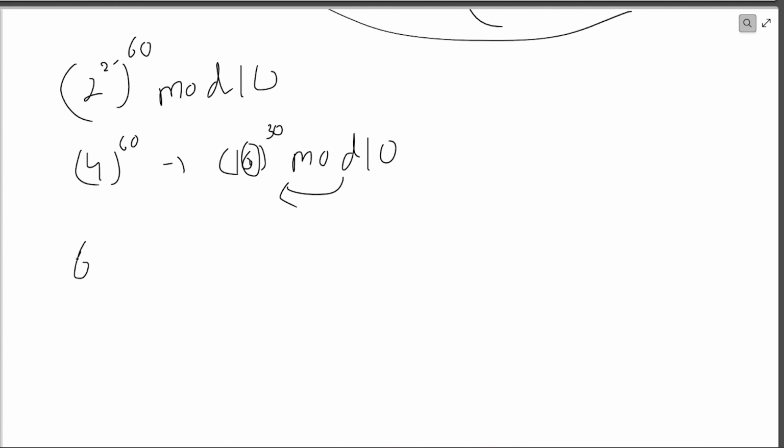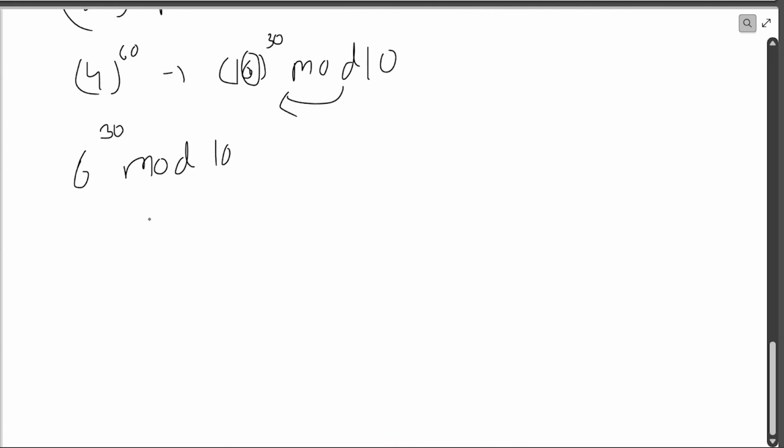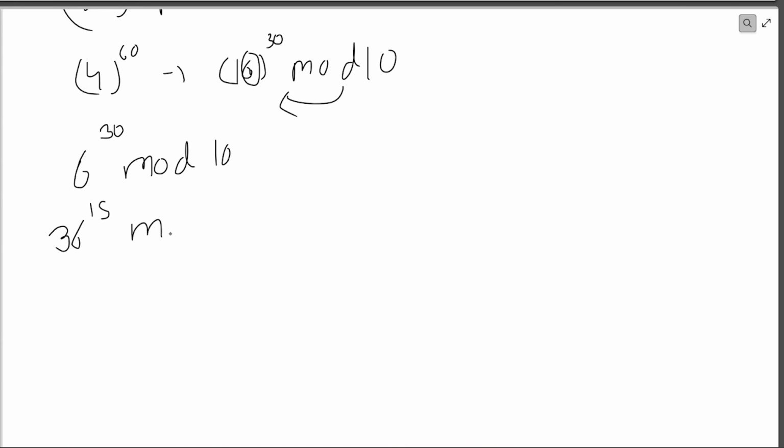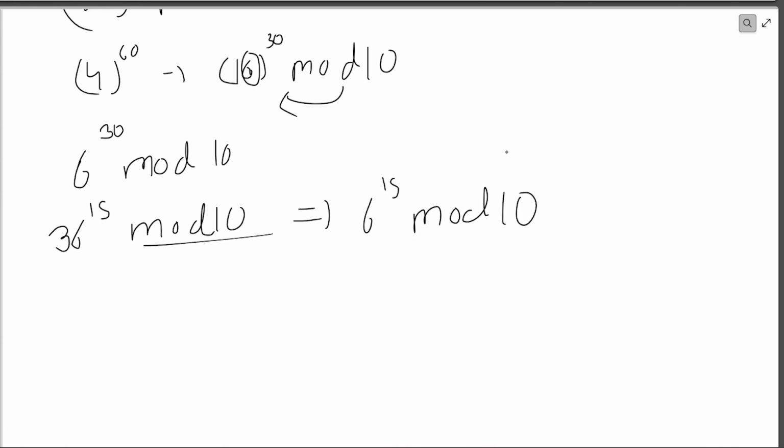So we have 6 raised to 30 mod 10. Let's take 6 squared again. So we have 36 raised to 15 mod 10. And since it is mod 10, again, we can take 6 raised to 15 mod 10.